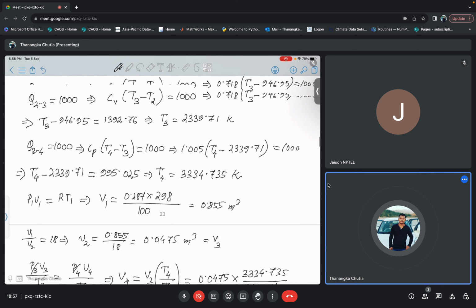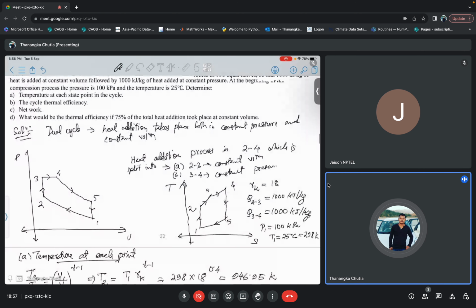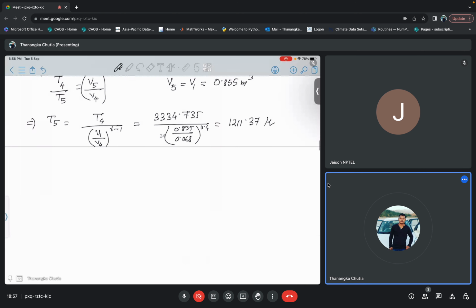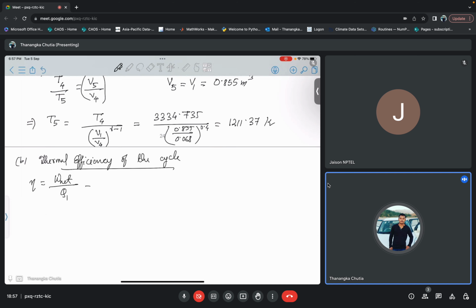Okay, now what is the second part? The cycle thermal efficiency, the thermal efficiency of the cycle. Once again eta will be equal to W net by Q1.